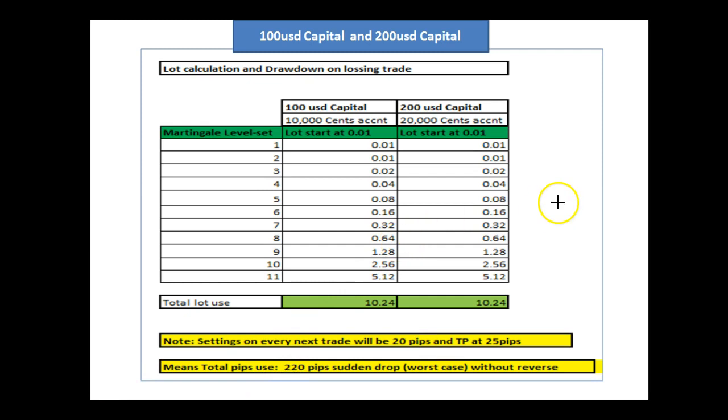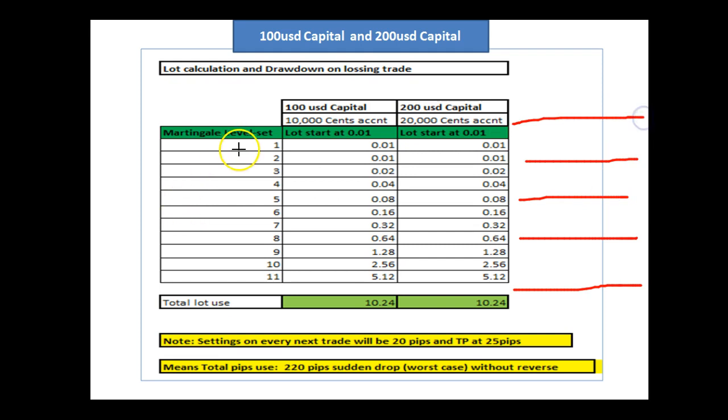Let's say this is your level here. Remember that you have levels, this portion over here, and this level starts like this. Let's say this is 20 pips, so when the market is going up like this, this is equivalent to 20 pips.